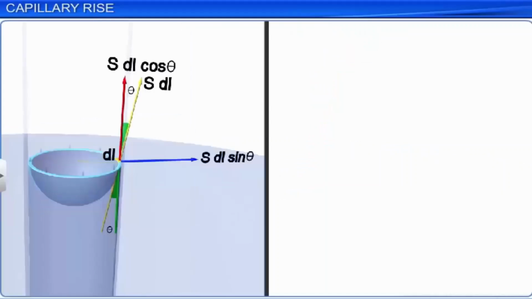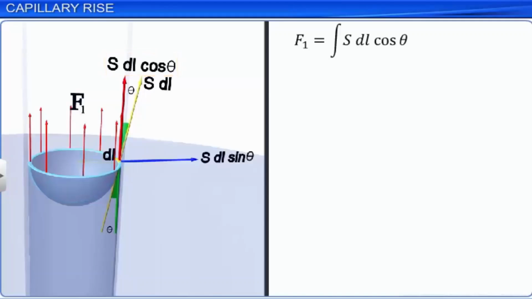The total force exerted on the liquid surface by the tube's surface across the contact circle is F1 and is denoted by integral S dl cos theta. As S and cos theta are constants, we get F1 as S cos theta into integral dl.